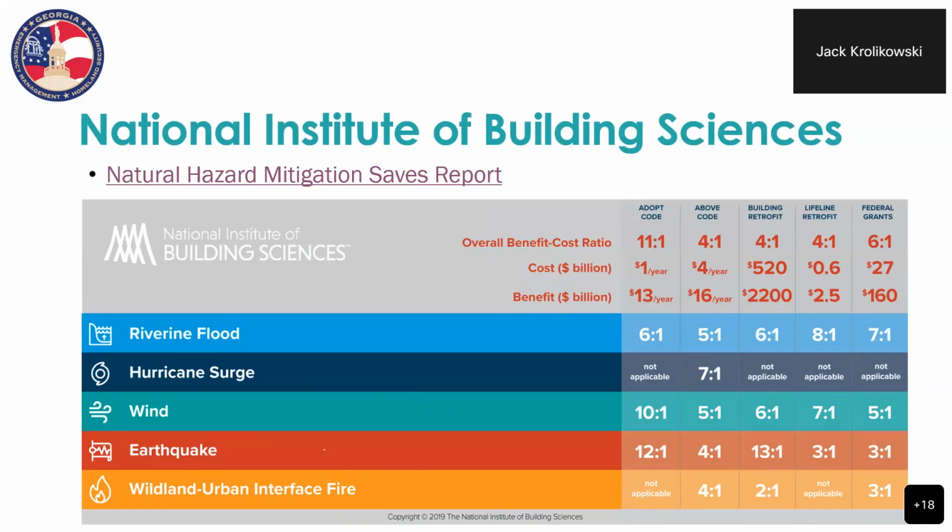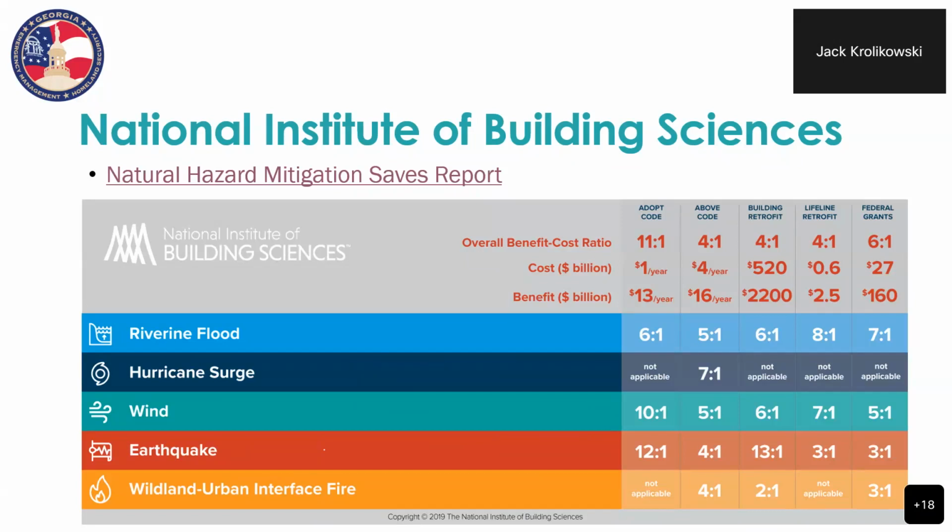This is one of our favorite slides to show. This is essentially showing benefit cost ratios as different perils are addressed. You can see federal grants with an overall benefit cost ratio of 6 to 1, maybe even 7 to 1 on riverine flood.